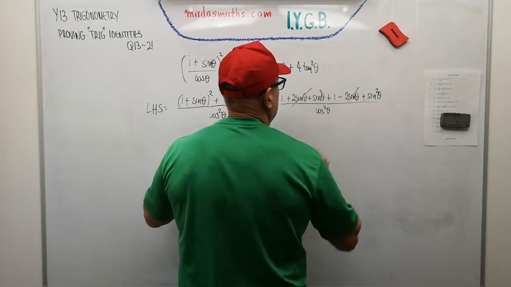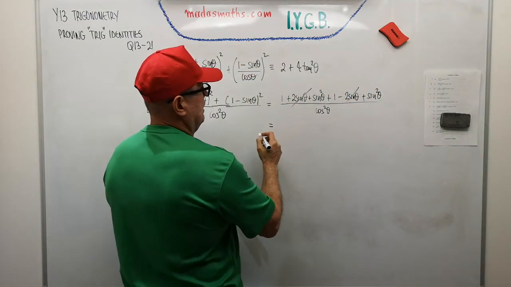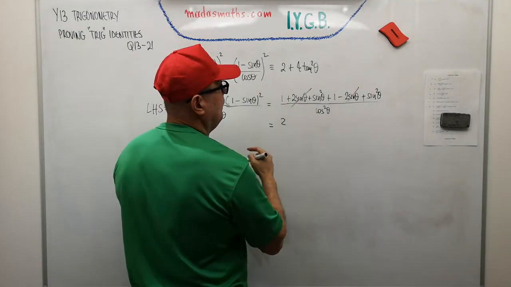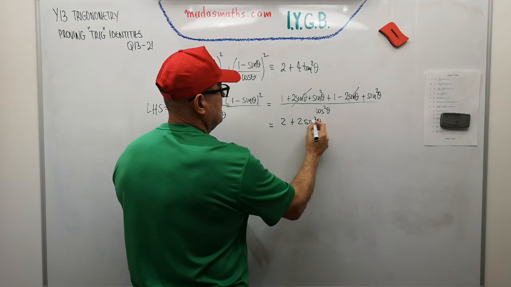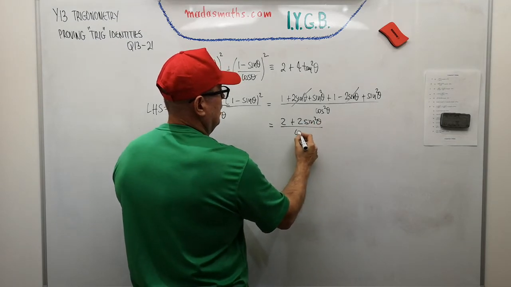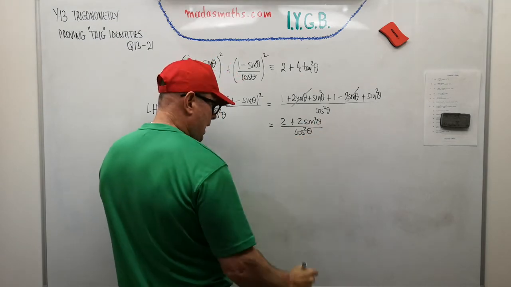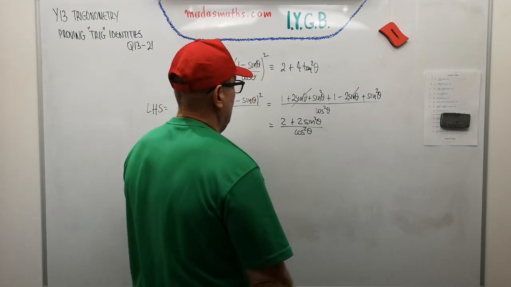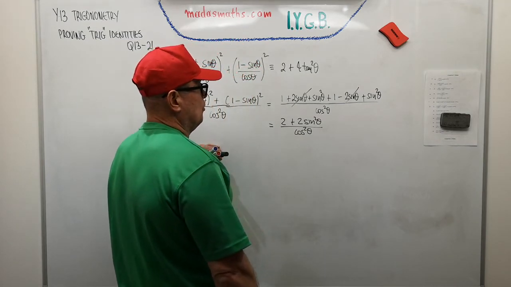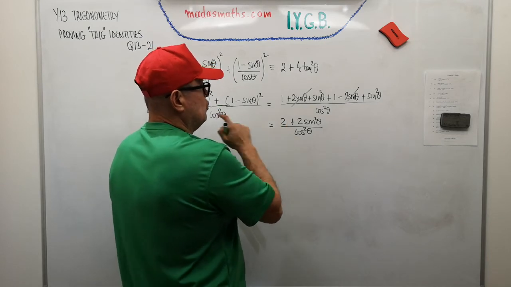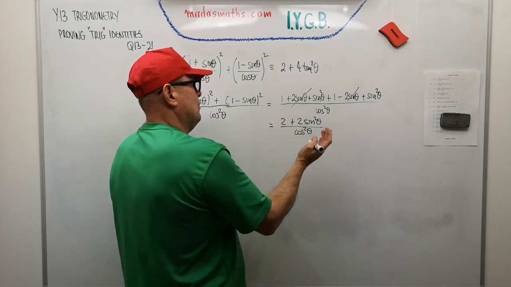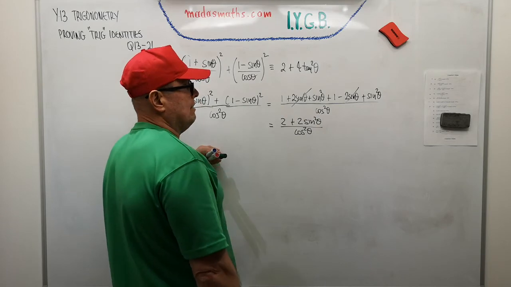At least something cancels. These have gone, and I've got 1 plus 1 plus 2 sine squared theta over cos squared theta. I'm nearly done. I just need to see what is the best way now to proceed from there. I don't want to factorize the 2 because it's going to produce a 1 plus sine squared.